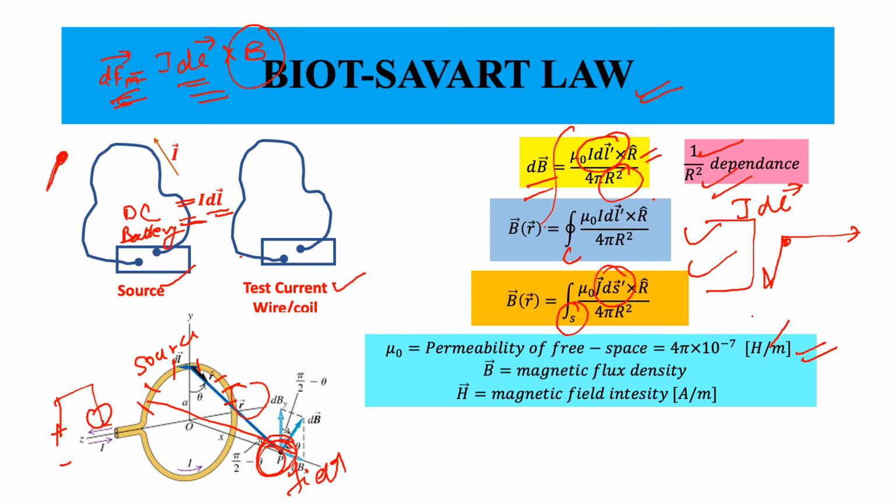What about B itself? B here is where things get a little interesting, because this B is called the magnetic field in most physics textbooks. Physicists call it the magnetic field. In engineering literature, this is called magnetic induction or magnetic flux density, just like vector D is the electric flux density.